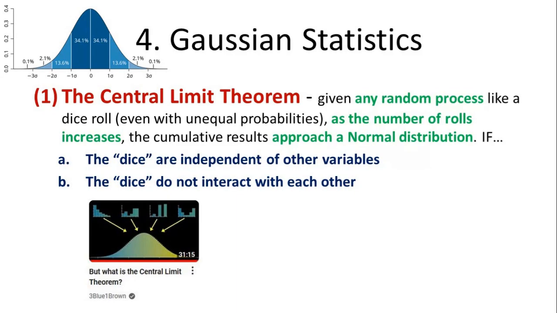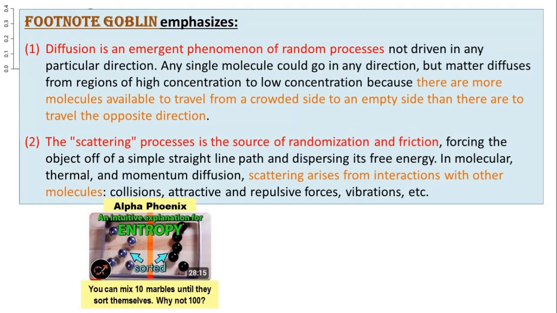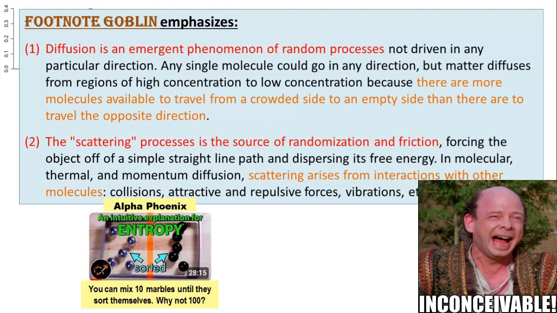But let me stress the leap in conceptualization we have to make. We have to imagine molecules or packets of energy as randomized objects, like dice or balls in a pachinko game. And diffusion is an emergent phenomenon of an inconceivable number of these dice rolls.